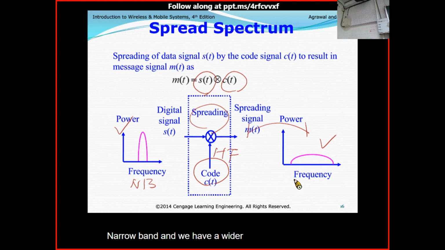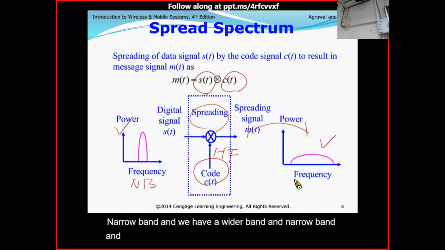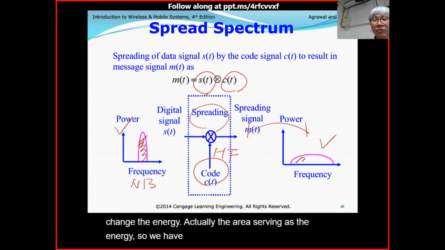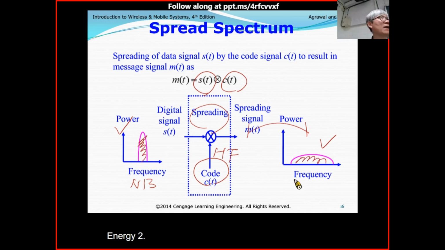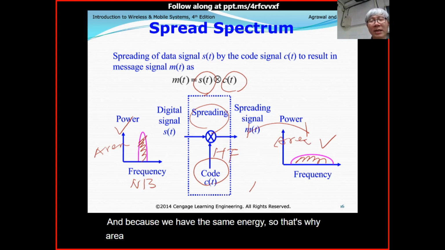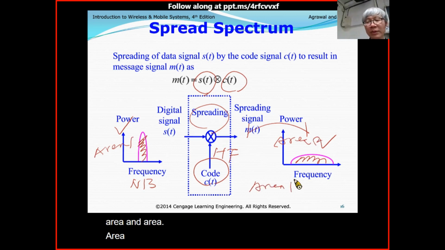And narrow band and wider band, actually we have one thing unchanged: the energy. Actually, the area serves as the energy. So we have energy 1, energy 2. And because we have the same energy, area 1 and 2 are the same.